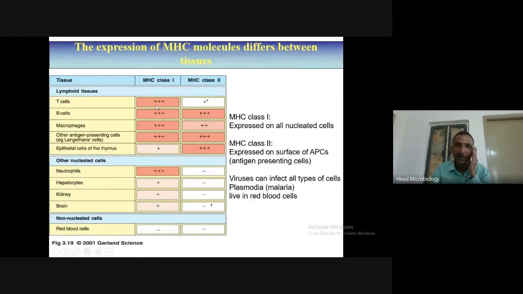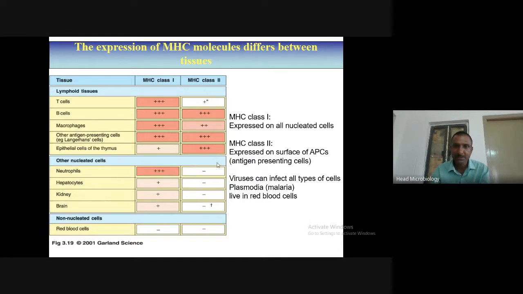MHC 1 and MHC 2 are found in different cells, like lymphoid cells, nucleated cells and non-nucleated cells. T cells are very high in MHC class 1, B cells present both MHC 1 and MHC 2, and macrophages and other cells are there, but epithelial cells of the thymus present MHC2 complex.